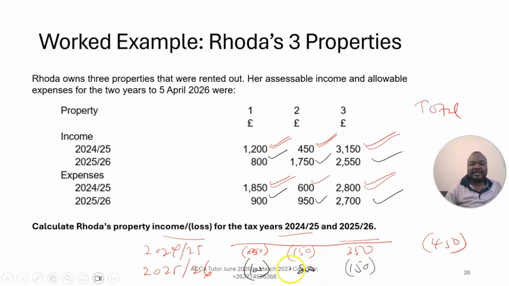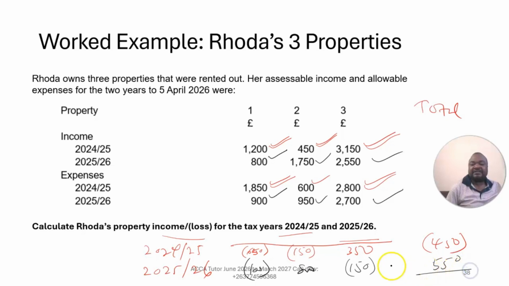So let us get the total there. That's minus 100 plus 800, that's 700, isn't it? Minus 150, that is 550. Using this calculator, that's 550, which is a profit.